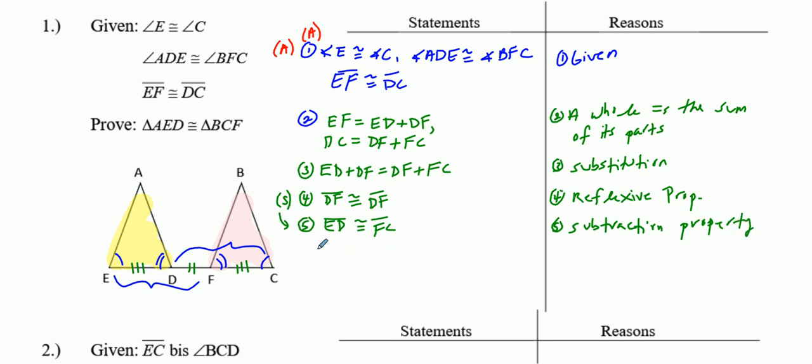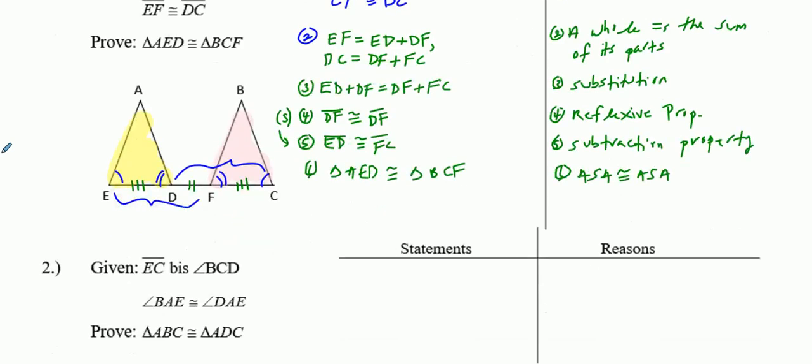And now looking at my diagram, I should have enough information to prove triangle AED is congruent to triangle BCF. And that's by angle side angle. Great, hopefully you got that one right. Let's go ahead and take a look at number 2.